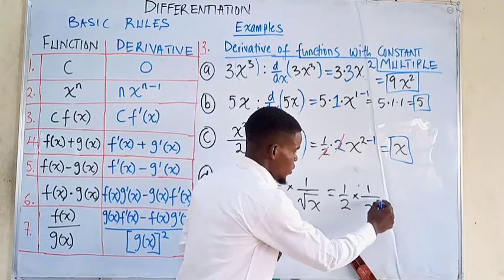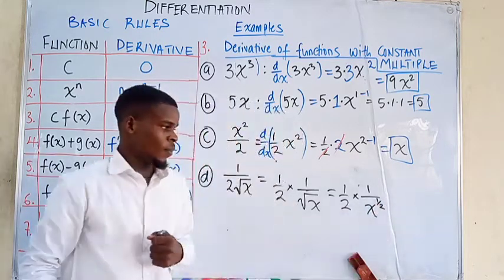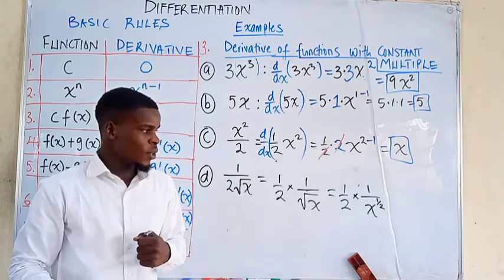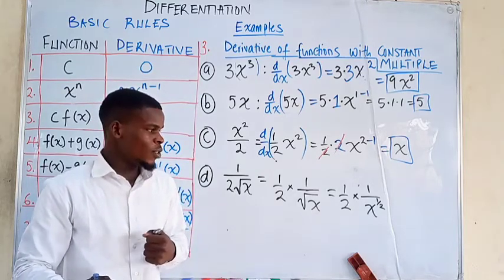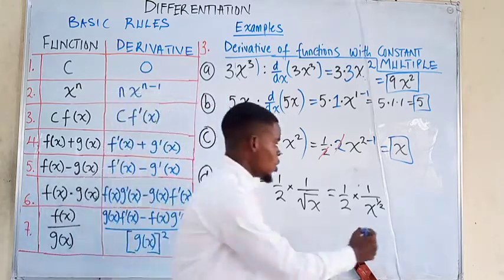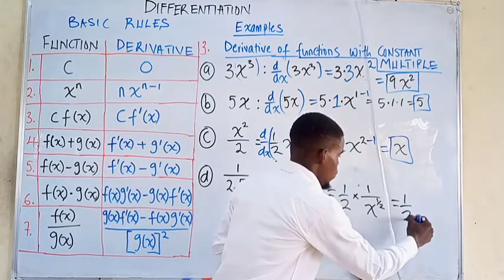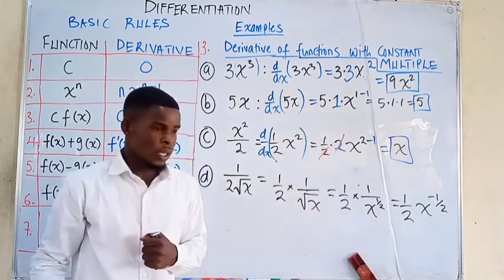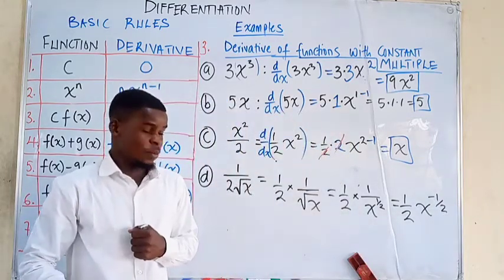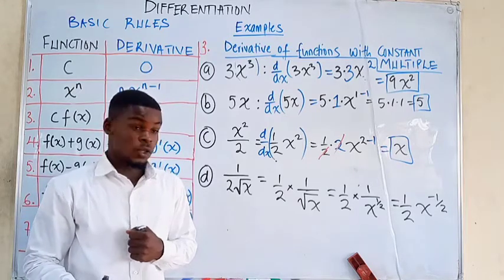So you put it down like that. Okay, good. And since we have x raised to some power in the denominator, and the numerator is just 1, this reminds us about the negative exponent rules, which we are going to put down as 1/2, then x raised to power negative 1/2. Okay, good. So it's that negative exponent that took that x raised to power 1 over 2 to the denominator.